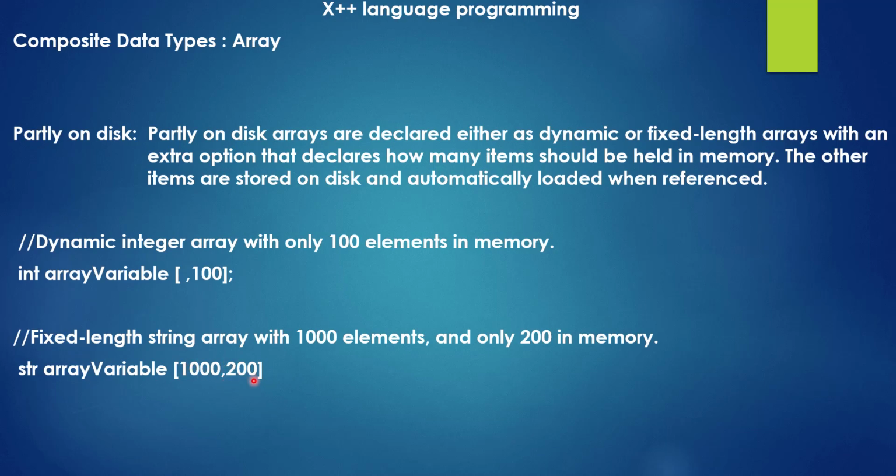This means we can have 1000 items inside this array, but only 200 are stored in memory, and 1000 is its capacity. Whenever we are adding elements, we can add up to 1000, but only 200 are stored in memory. So that's it for this video.